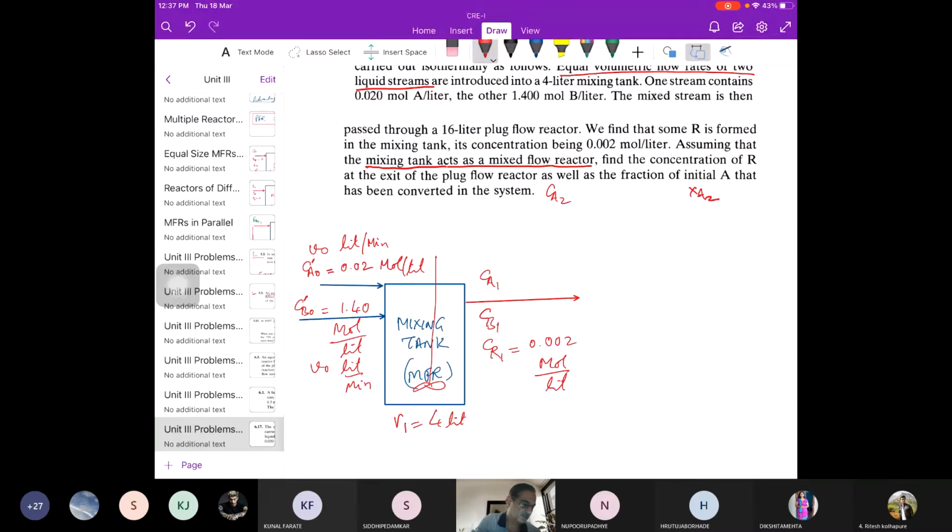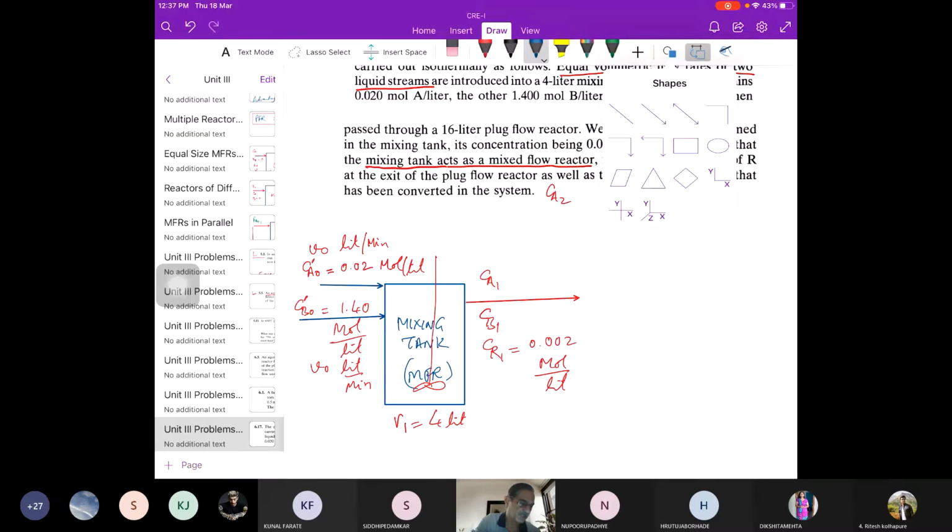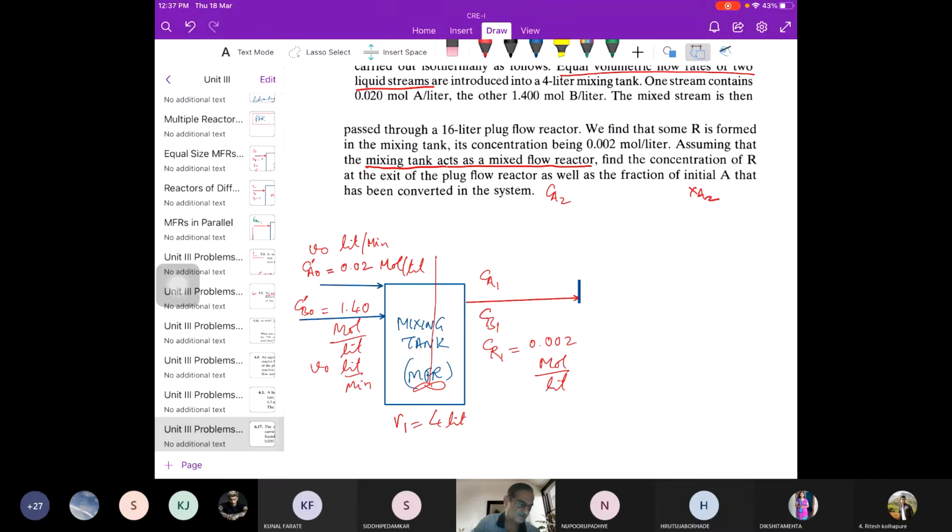Then this thing is going to a plug flow reactor whose volume is 16 liters.